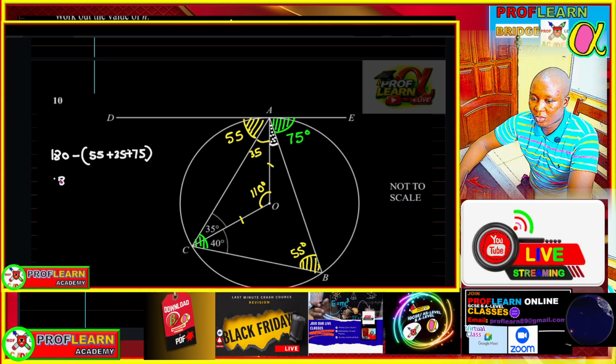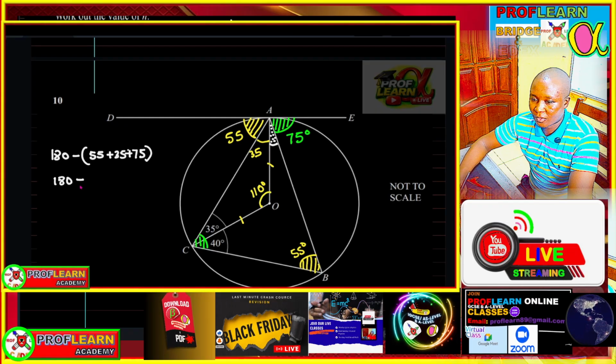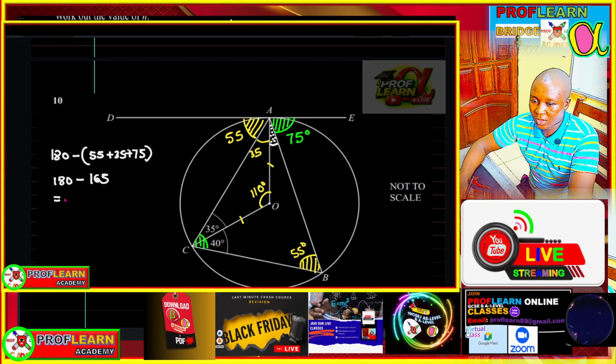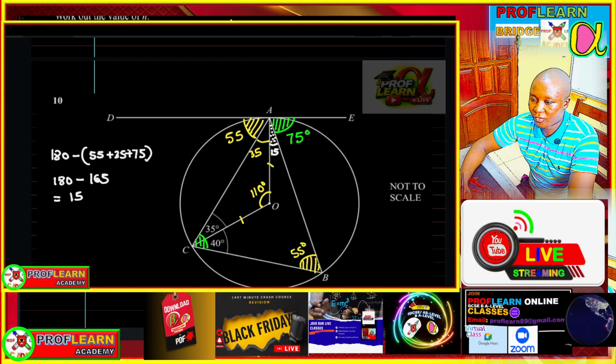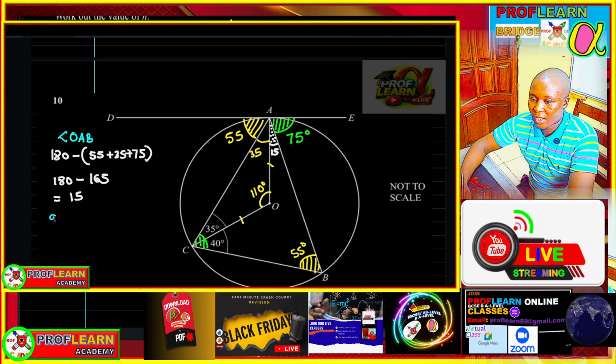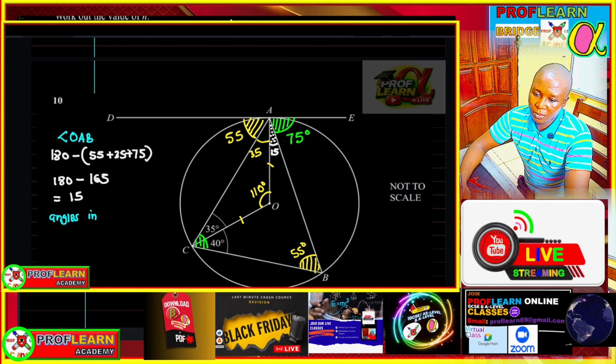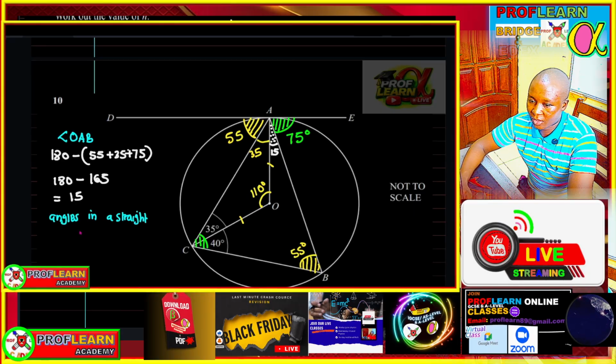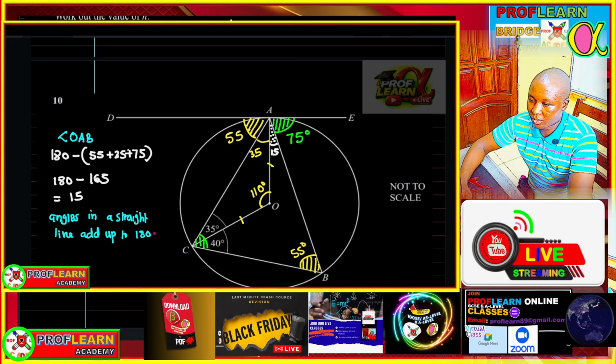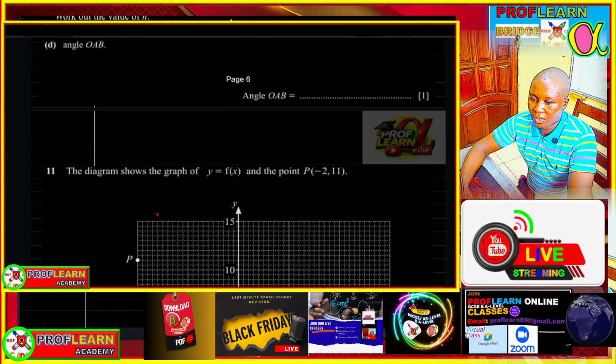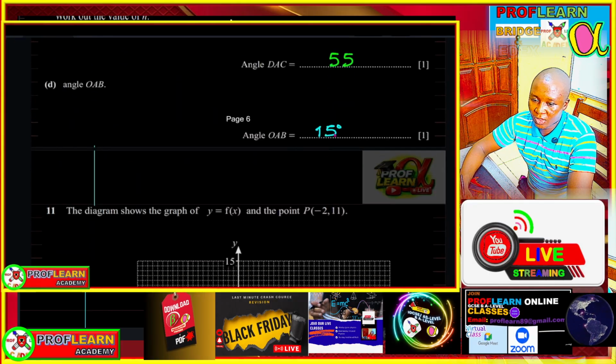If you add this, what does it give us? 165. And then we can say that this angle is 15 degrees. Those are angles in a straight line, add up to 180, and that's the property that we have used at this given point. So this is going to be 15 degrees.